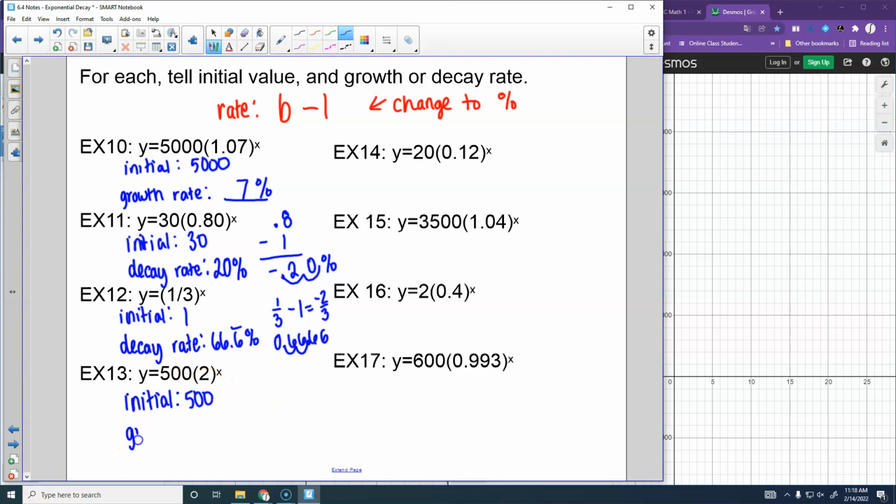So it's going to be growth. So it's the same process every time. Take that 2, subtract the 1. 2 minus 1 gives you 1. Change it to a percent by moving it 2 places. You get 100%. Okay? Try the next 4 on your own.